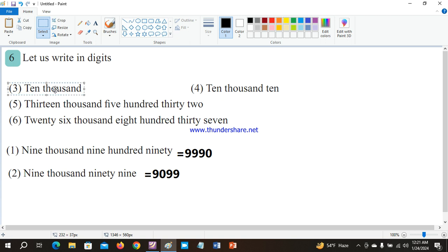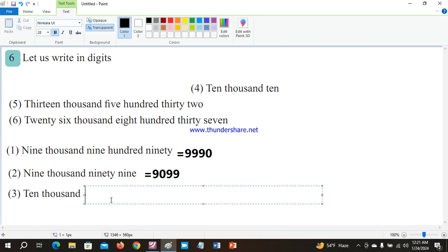Question number 3. Look very carefully. 10,000. In the place of thousands we have to write 10. I mean 10,000 is equal to 1 ten-thousand.